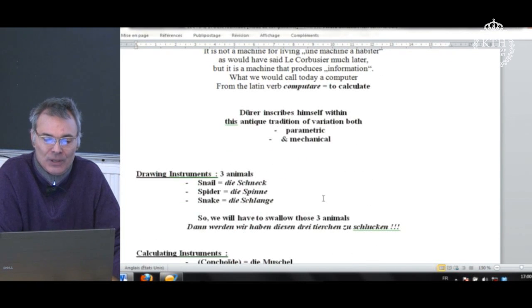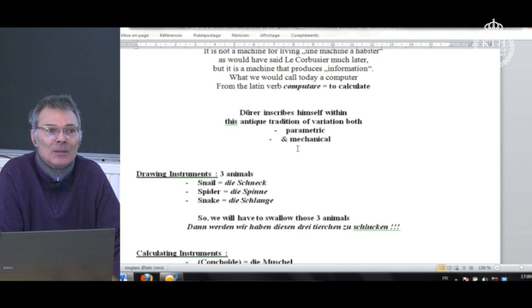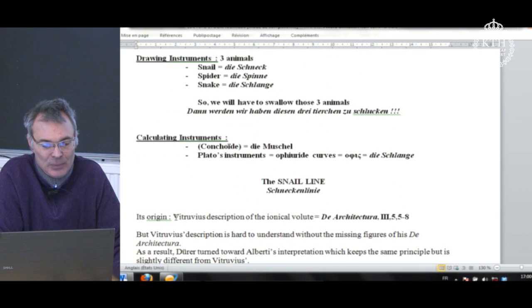And I think Dürer inscribes himself within this antique tradition of both variation, parametric and mechanical. In order to understand that, you must realize that the main topic of his geometry treatise are instruments, be they drawing instruments that bear the name of 3 animals, the snail, die Schneck, the spider, die Spinne, or the snake, die Schlange, but they were also calculating instruments.